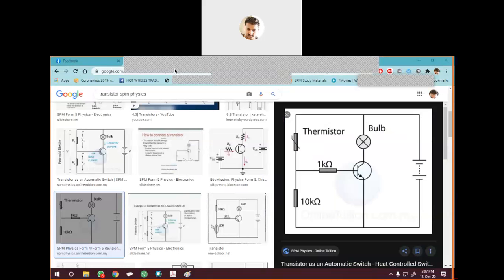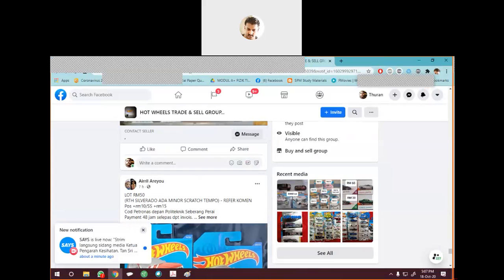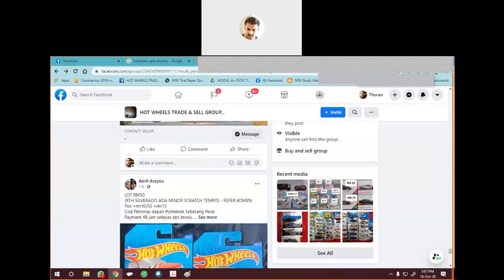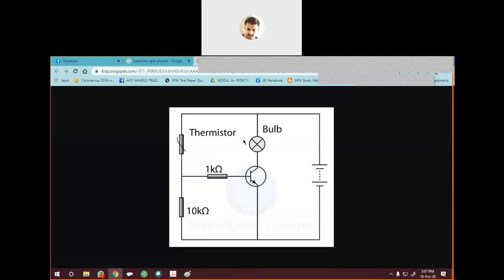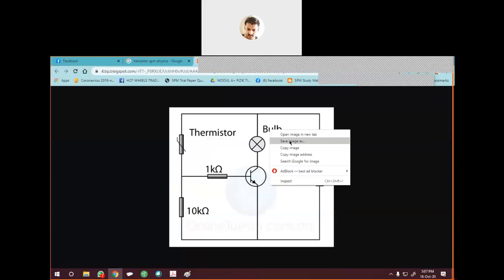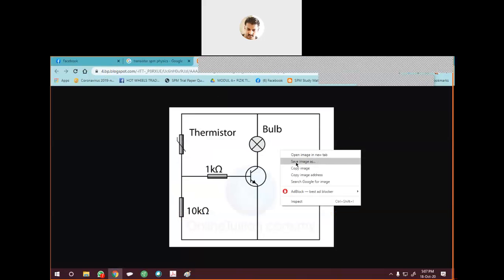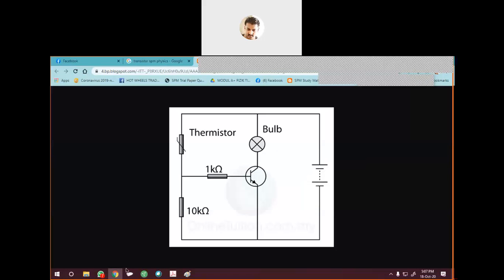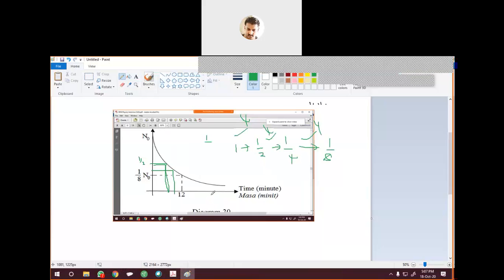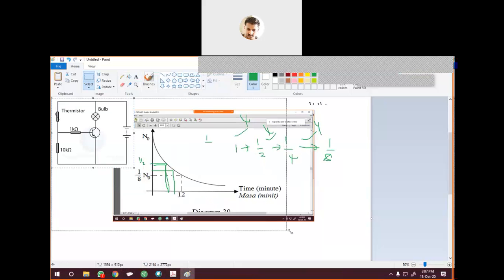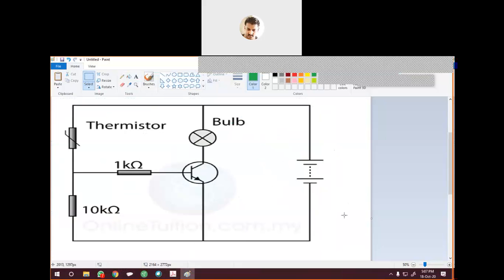I'm going to depict the current in red so you all know which way it's going.